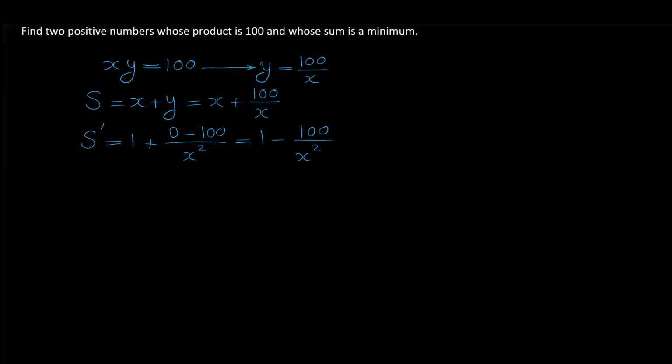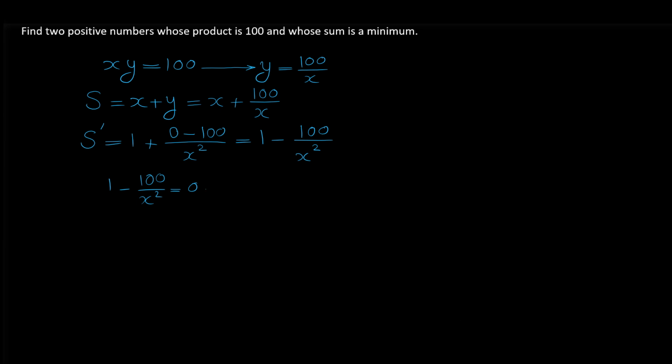Now for finding the critical points, we have to set our derivative equal to 0. 1 minus 100 over x^2 equals 0. For solving this equation, you can do a common denominator, or you can multiply both sides by x^2 to get rid of x^2 in the denominator.